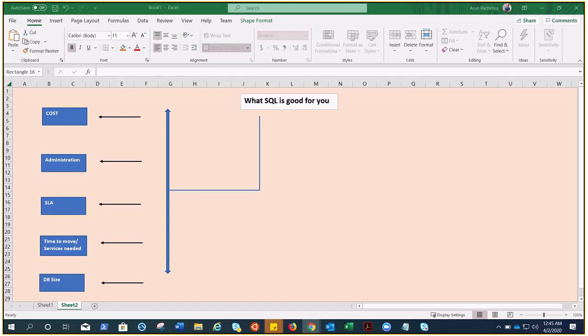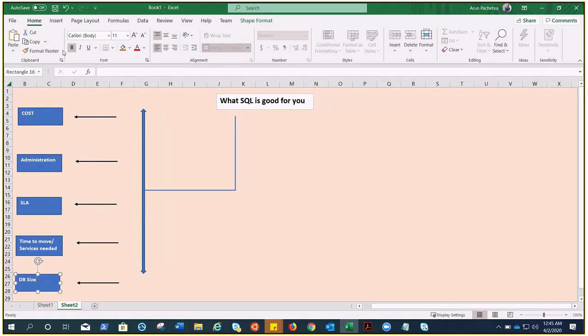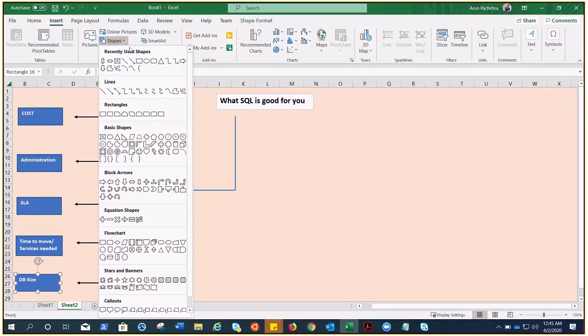Now let's go ahead and talk about the options that we have in Azure and what things match where. Just to refresh your memory, we have three options.